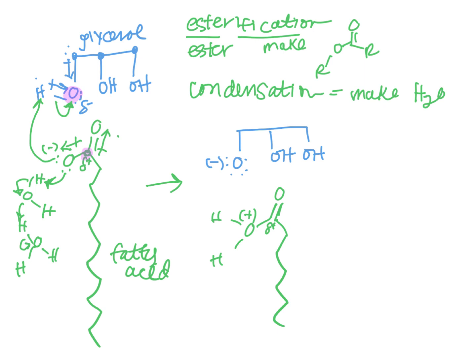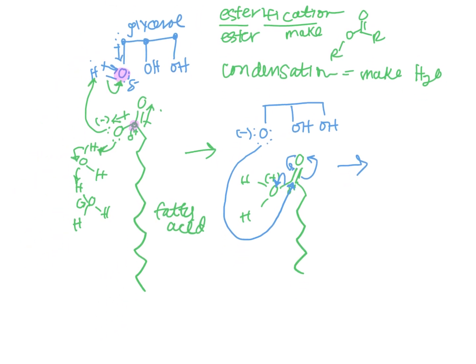And now I can do the attacking part where the negative electrons move towards the positive atom. Electrons go up, electrons come down, and we're going to take the electrons from this bond and drop them onto that water oxygen, and that kicks out the leaving group.